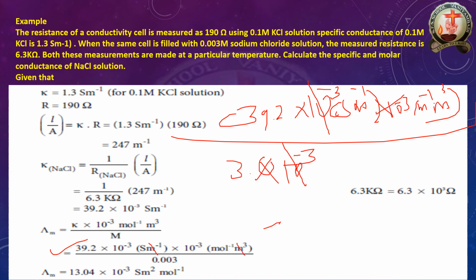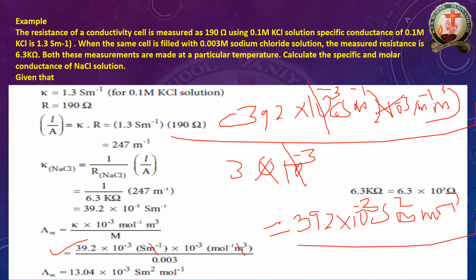We get 39.2 into 10 to the power 3 minus 3 Siemens per meter and per mole divided by 3. We can get 13.04 into 10 to the power minus 3 Siemens square and per mole. Okay, finally we get the answer.